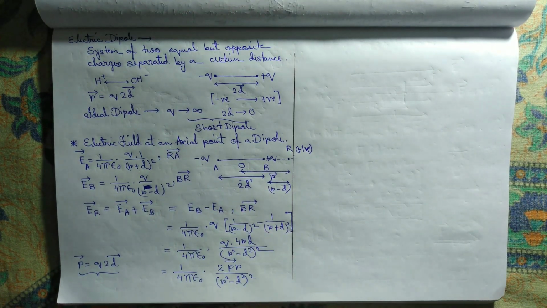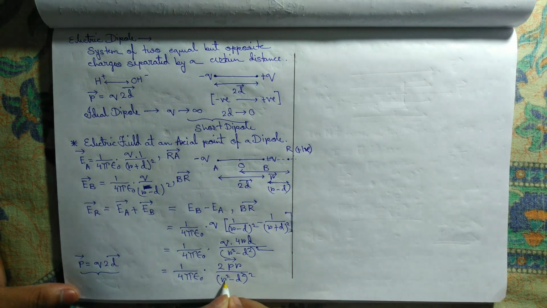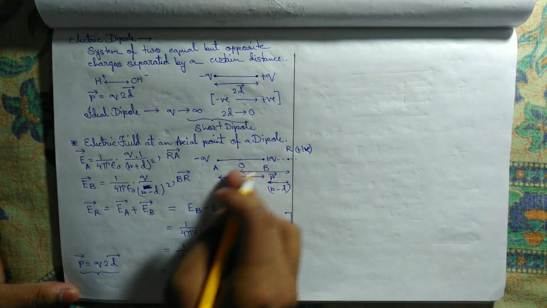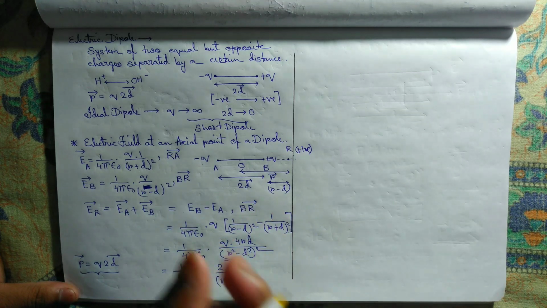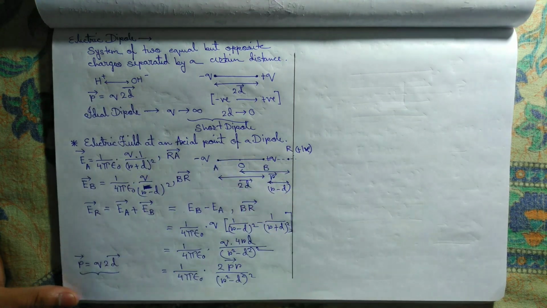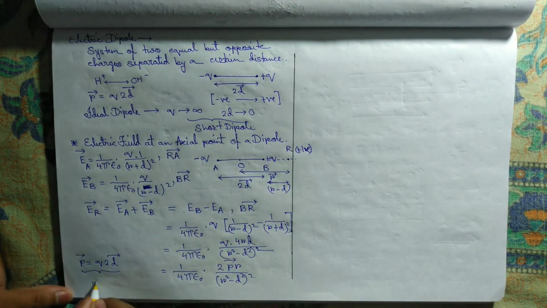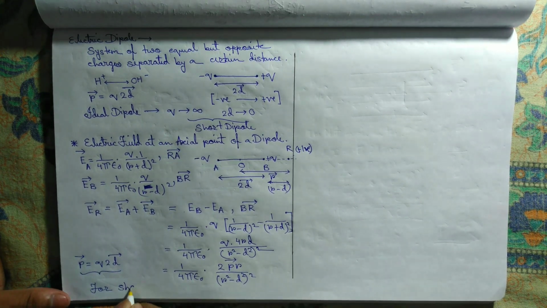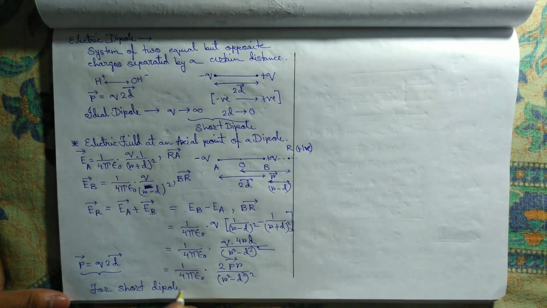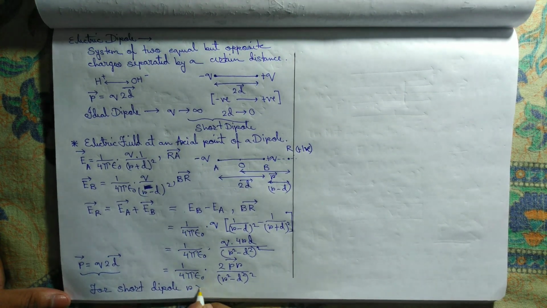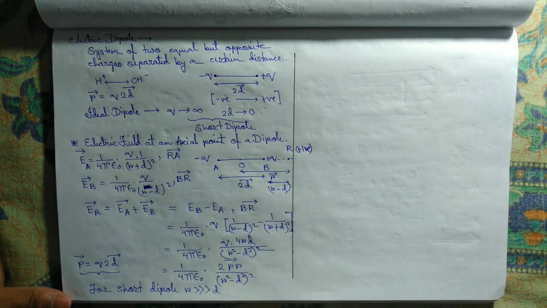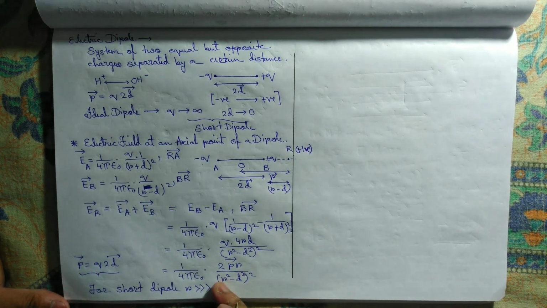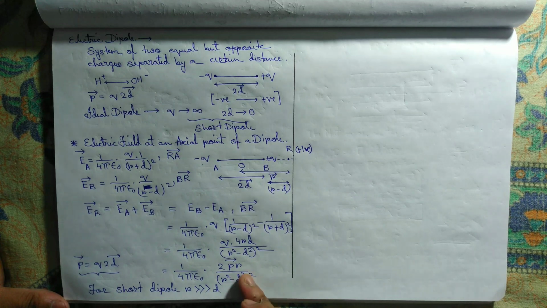So what if it is a short dipole? If it is a short dipole, then this r value will be very much higher than this 2d value, because the distance between the charges is very small. So for a short dipole, r is very much greater than d, so d is negligible with respect to r and we can just omit that.